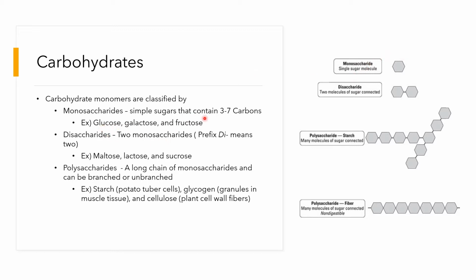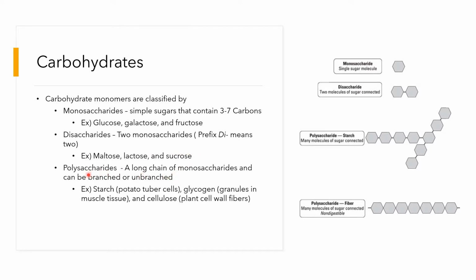So that's going to be your glucose, galactose, fructose, etc. Then you have your disaccharides, which means 2 monosaccharides. So it's going to be 2 of these, which we see here. And in order to remember that, I always like to think di means 2. So for example, that's going to be your maltose, lactose, and sucrose.